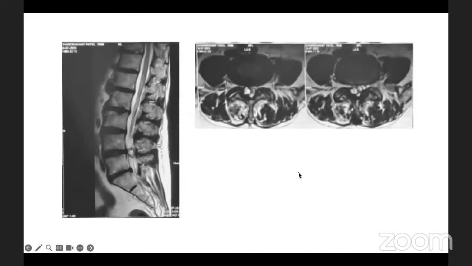The argument being that if you fix an arthritic segment, then the chances of recurrence are lesser, and you have blocked that segment. Again, recurrence and stability are taken care of in one go itself. So it's not a bad option to think of, with the recent literature coming in.